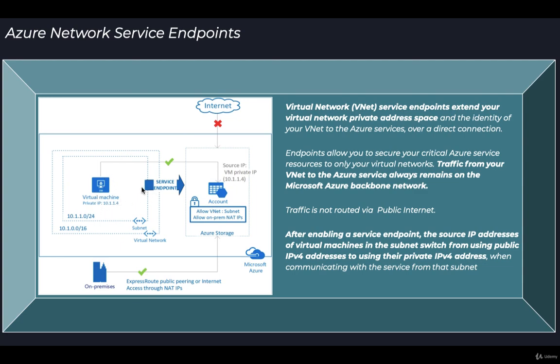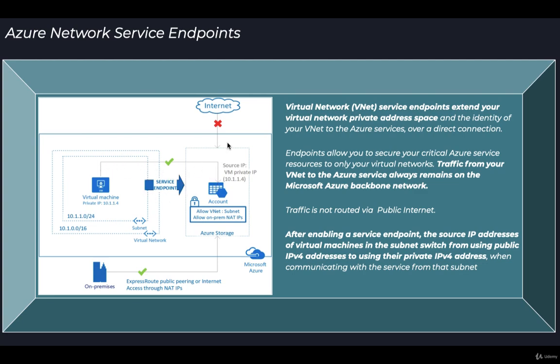We can use it for accessing the SQL or your storage account. When this happens, you can see the source IP address will be the virtual machine only, and it will pass the traffic using the Microsoft backbone network.